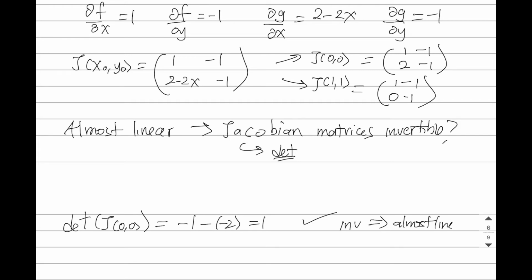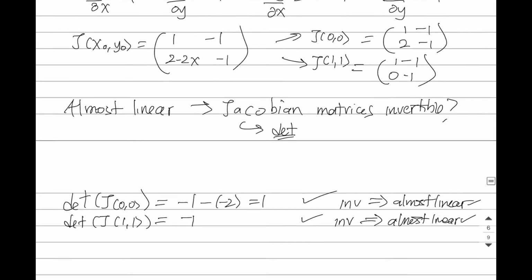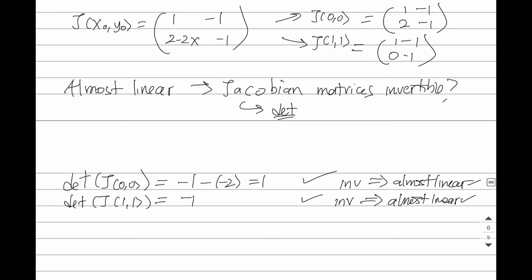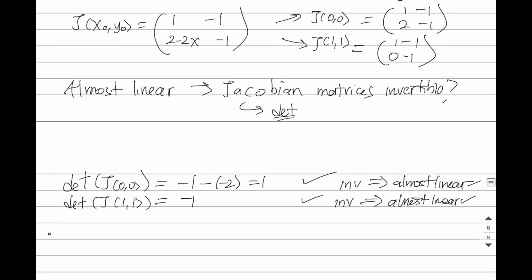And the determinant of the Jacobian here at the point 1, 1 is going to be -1. So again, these are both almost linear. And that means we are hoping that this linearization idea will tell us something useful. Now, what do we do with this? What we're going to do is check the behavior. And the behavior, that means we are going to need to find the eigenvalues of this Jacobian matrix.